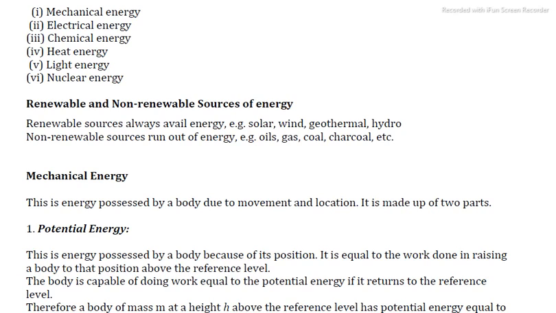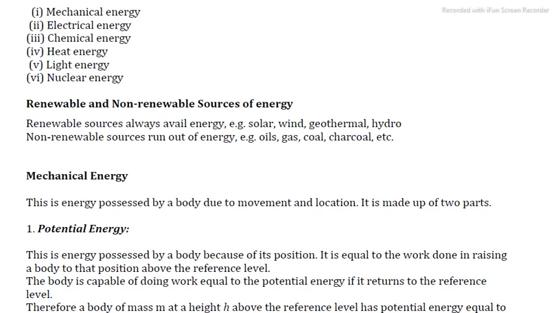Then we have the second category, which is the non-renewable sources of energy. Since they cannot be renewed, they are exhaustive, meaning they can get used up. Some of these are oils, like crude oil where we get the petroleum and so on. We have gases, like biogas.